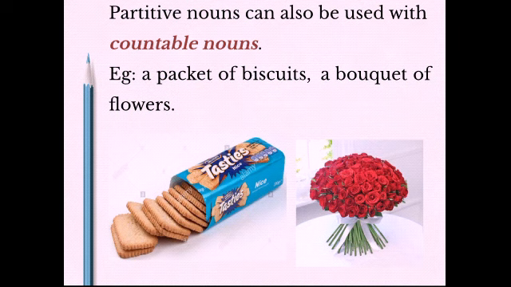A bouquet of flowers. Okay? That's why I told you the flowers, they are individually, we can count these flowers. Biscuits, individually we can count these biscuits. But as a whole, we use the partitive nouns to specify these countable nouns.